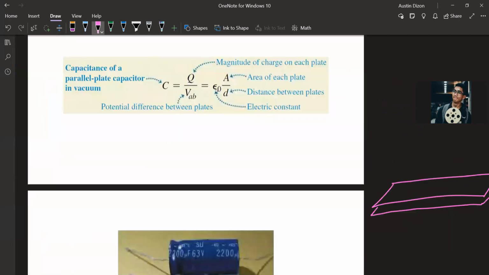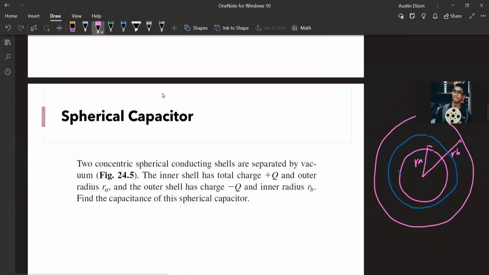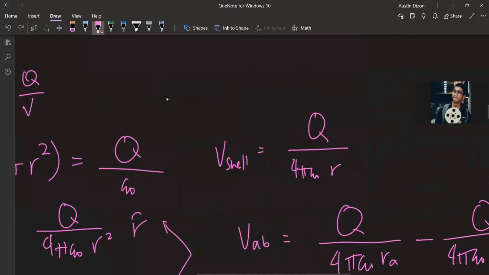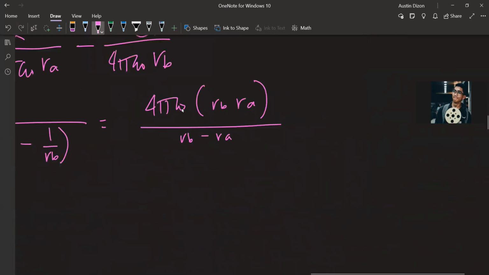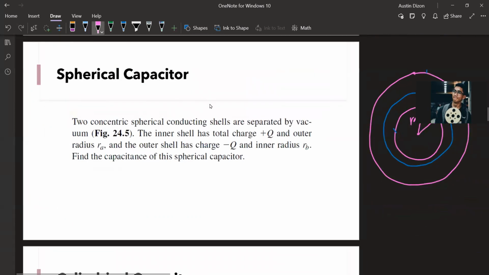Epsilon naught is positive. Area is definitely a positive thing. Walang negative na area, no? D is a positive thing also. So therefore, the capacitance is a positive valued constant. Tingnan mo yung mga specs nung problem mo.